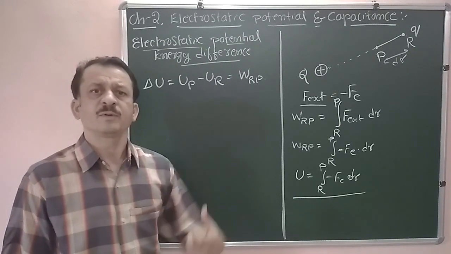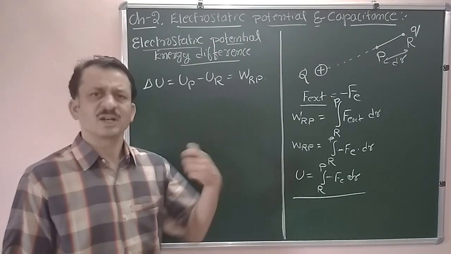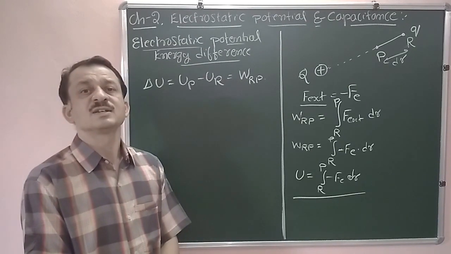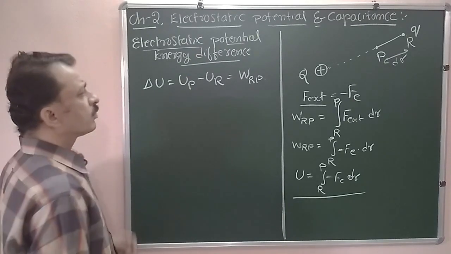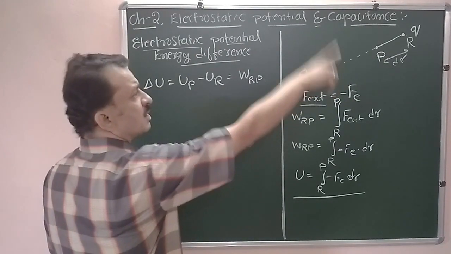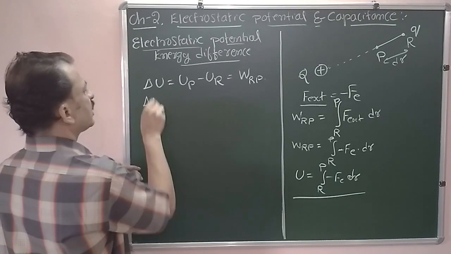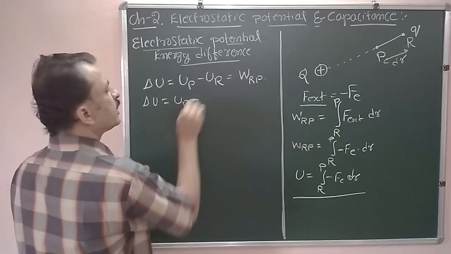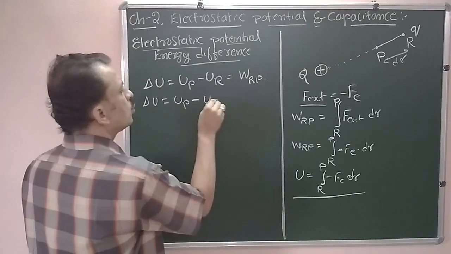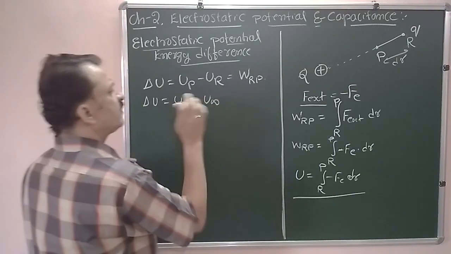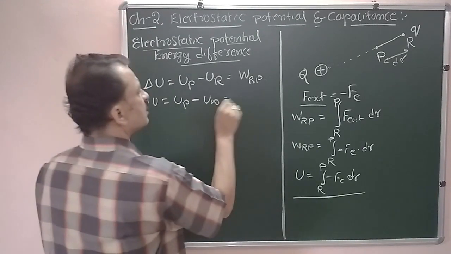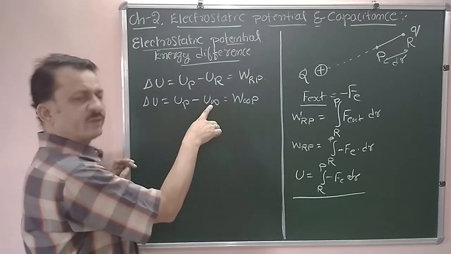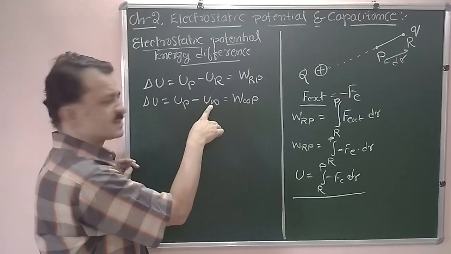We are taking infinity as the point at which the electrostatic potential energy is 0. So if I extend the point R to infinity, then delta U is equal to UP minus U at infinity, and similarly the work done becomes from infinity to the point P. At infinity we have taken the potential energy to be 0.